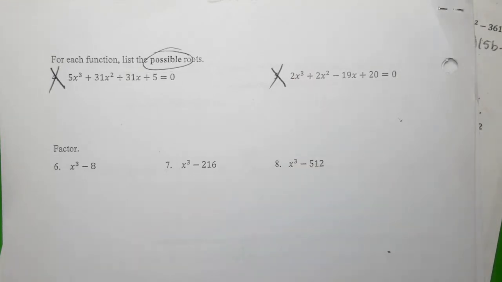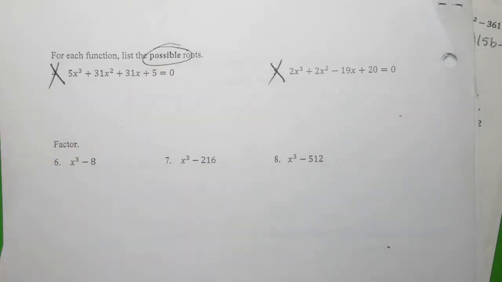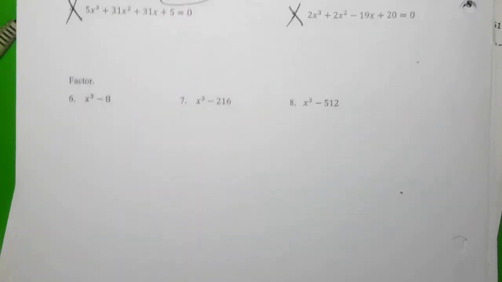And while that's great and lovely, if I've got my handy dandy graphing calculator, I don't need a list of all the possible roots. I'm going to find the real roots, especially using it and synthetic and factoring all together. So all the possible roots, pass.